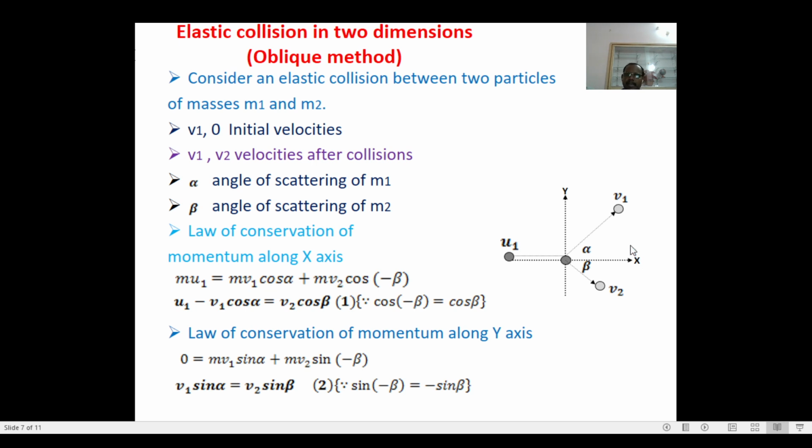Particle 1 has mass m and velocity v1, and its momentum component in this direction is mv1 cos alpha.